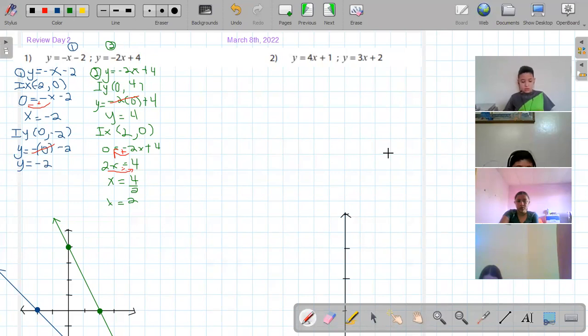What is the very first thing I need to do in this exercise for me to solve it? What is the very first step that I need to do?